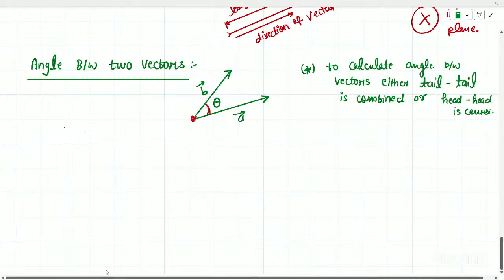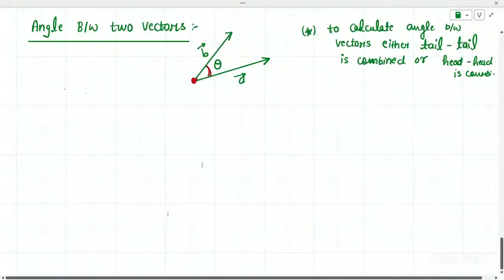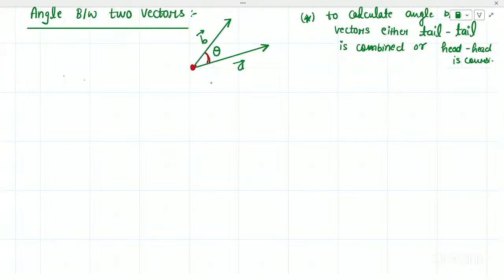Now, vector addition, and before this we will study resolution of vectors. Resolution of vectors.